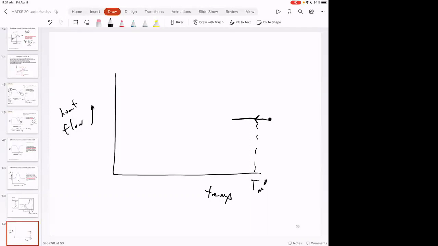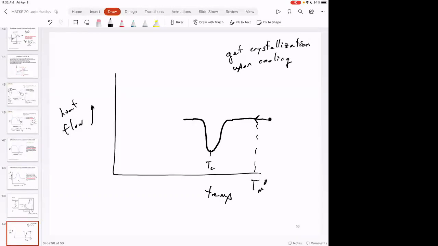I have my reference. I have everything. I heat it up. Everything is amorphous above TM0 and I start cooling it down. I'll actually get a TC first. So I'll get crystallization upon cooling.